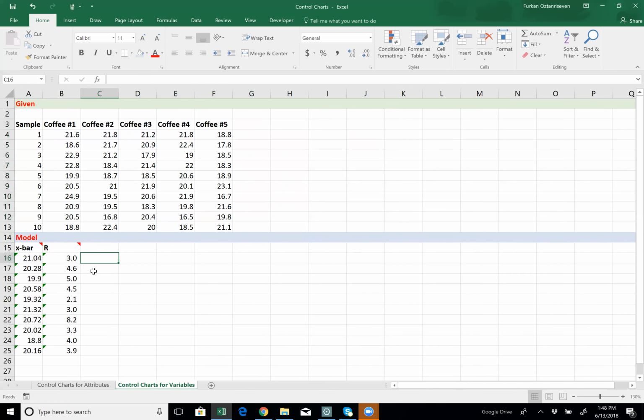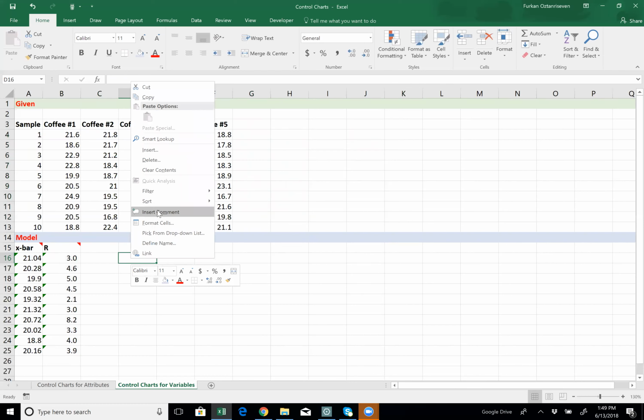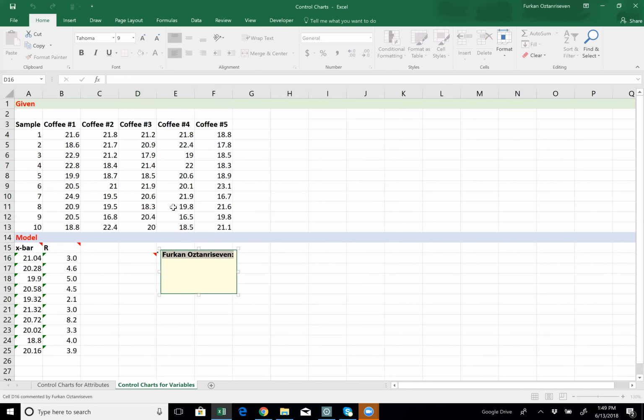Now step number 3, I need to calculate the average of sample averages, which I will denote as X double bar.